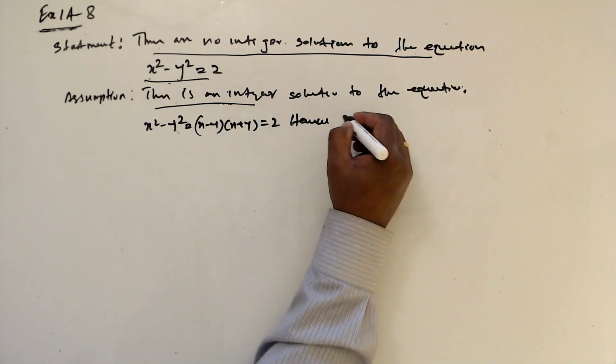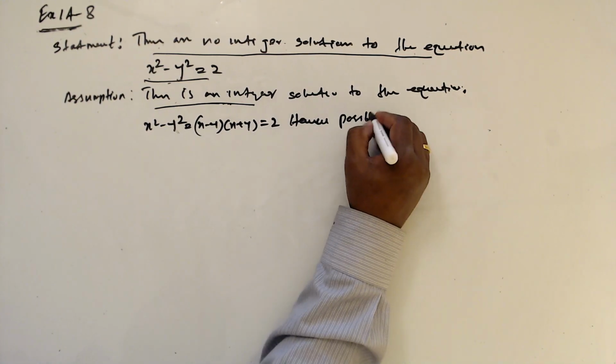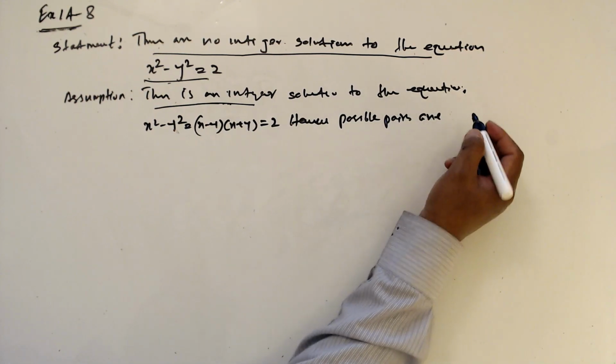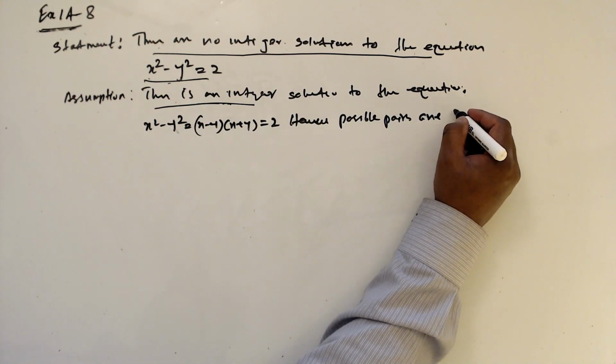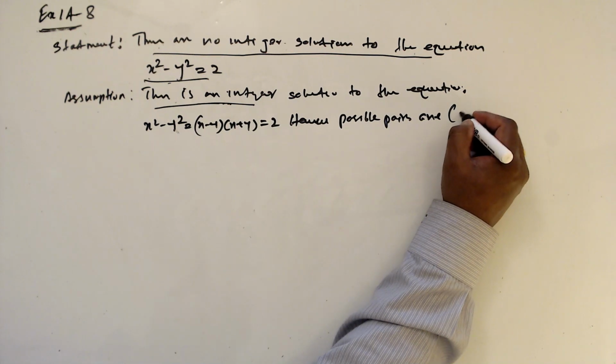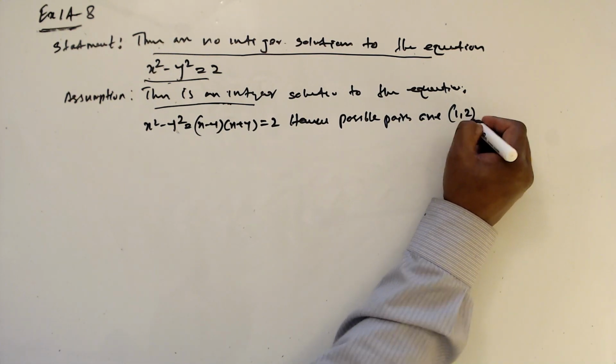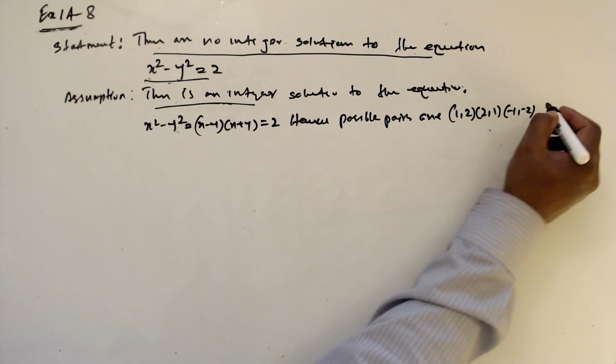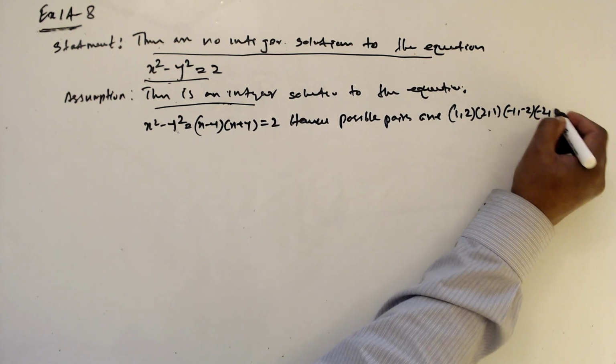Hence, possible pairs are 1, 2; 2, 1; minus 1, minus 2; minus 2, minus 1.